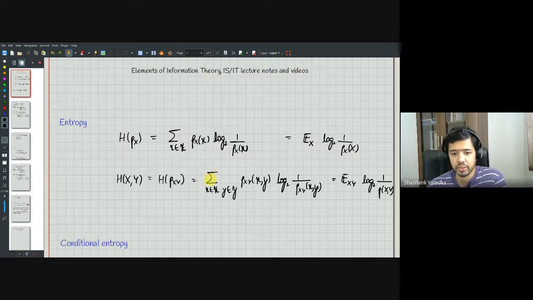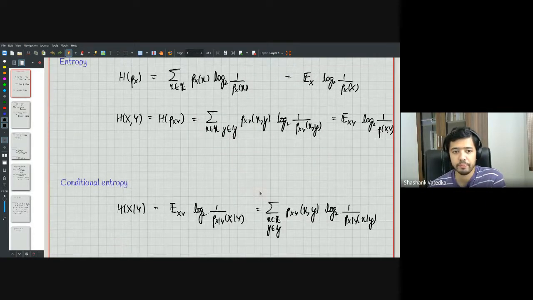and that is just equal to the entropy, right? And you can define the entropy not just for a single random variable, but also for two random variables, or in general, multiple random variables, n random variables. And the entropy is defined exactly in the same way. So the entropy of a joint distribution is the summation over all x and y, p of xy log 1 over p of xy.